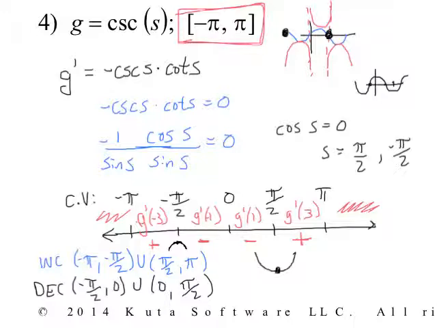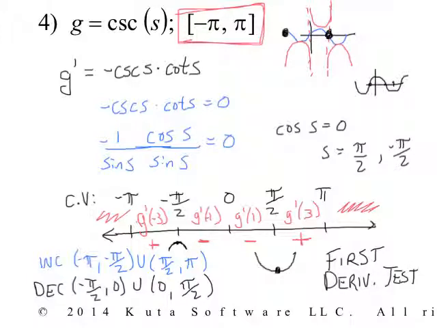This concept of a local or relative max or min occurring when the first derivative changes signs is called the first derivative test. So we use the first derivative test to locate our relative maxima and minima.